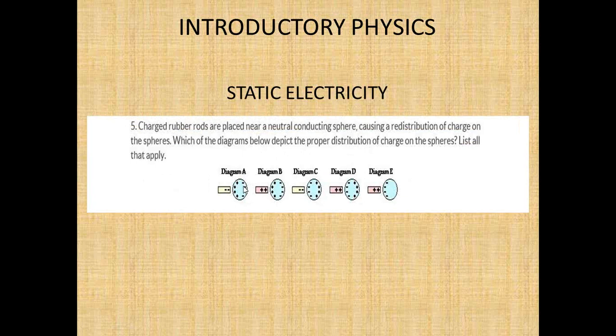So these are conducting spheres. So we have the scenario. It says in the above situation, the conducting sphere is, so the conducting sphere could be uncharged or neutral. And when the charged object came near it, it becomes polarized.